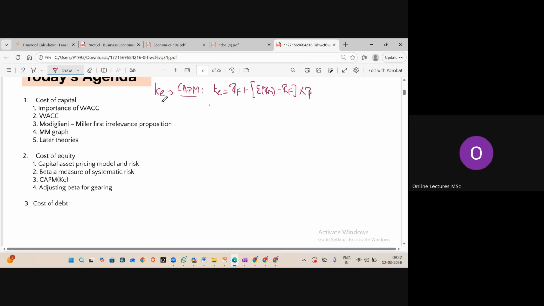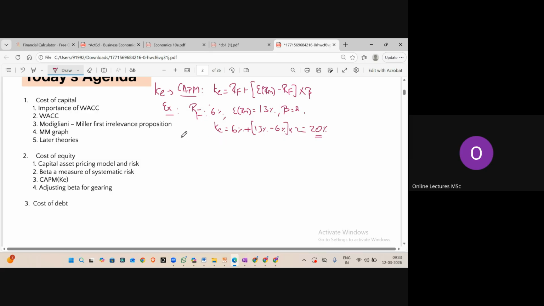Example: if the risk-free rate in the country is 6%, the expected market return is 13%, and the beta is 2, then KE, the cost of equity, is 6% plus (13 minus 6) times 2. So 7 times 2 is 14, and 14 plus 6 is 20%. The cost of equity is 20%.